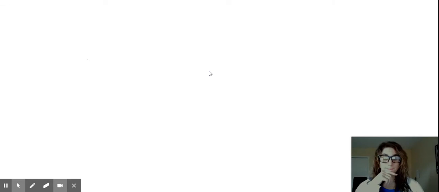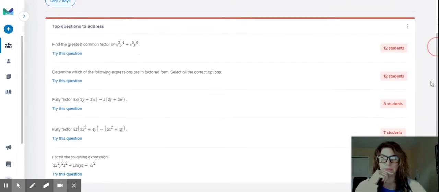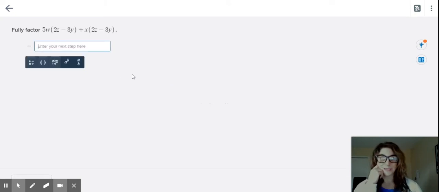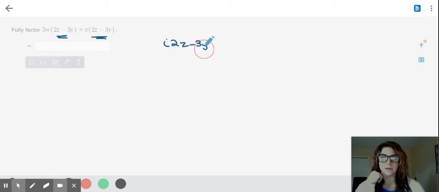Okay. The third one says fully factor it. Well, that is basically what I was just showing you in the last sets of problems. When we look at this, we notice they have the identical parentheses. So we're going to take those out because I can pull them as a common factor.